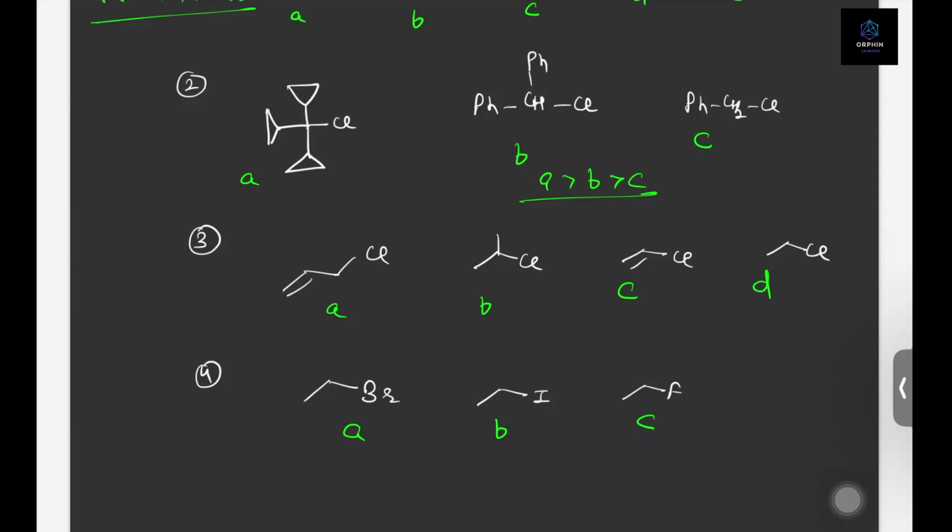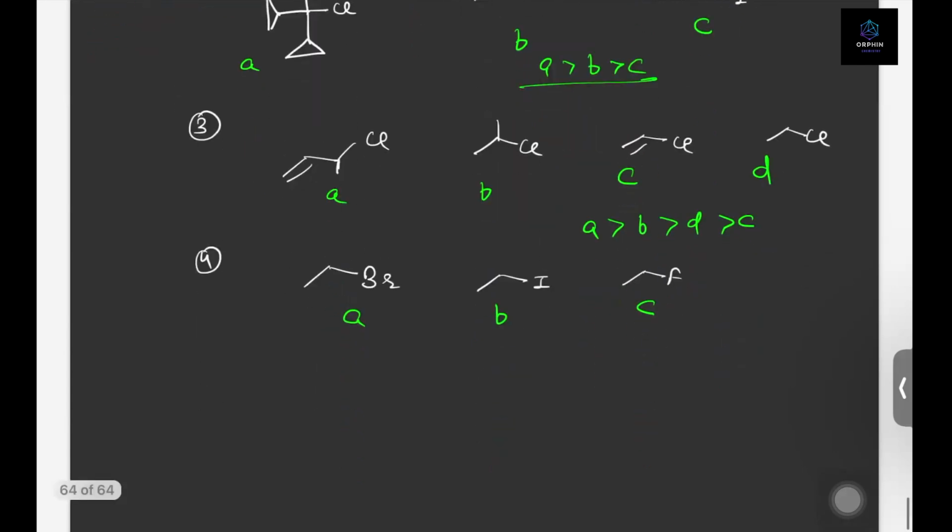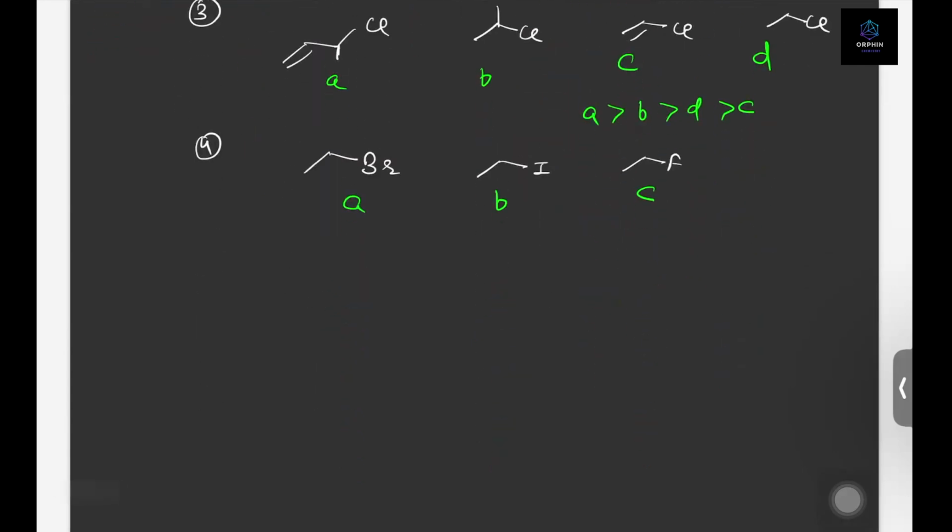C will be the least. Then we have to see the stability of the carbocation. Let us put methyl here. Then D, then B, and then A. In the fourth one, this will be based on ease of leaving.